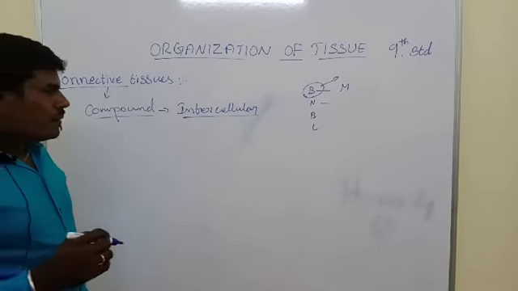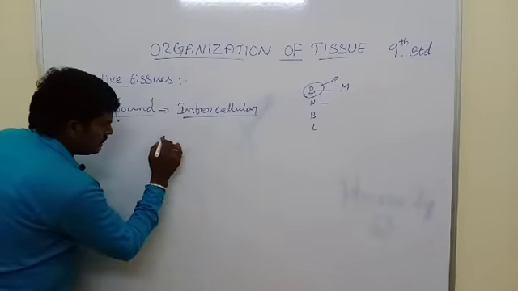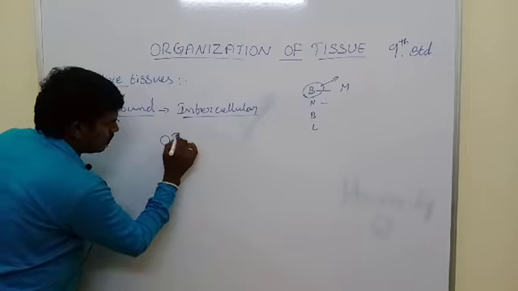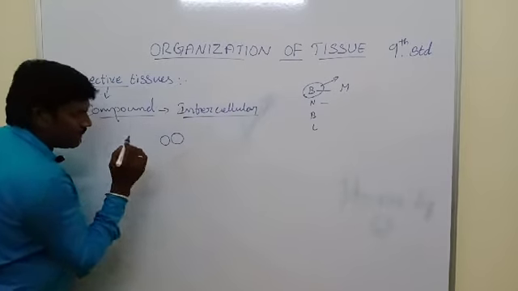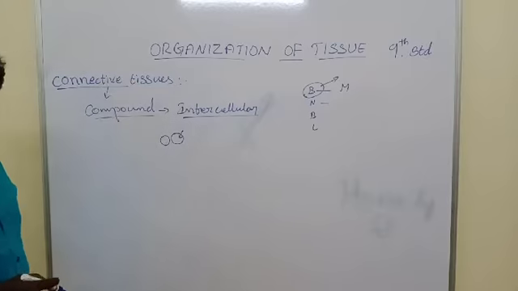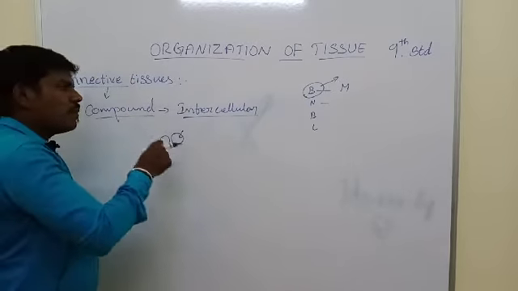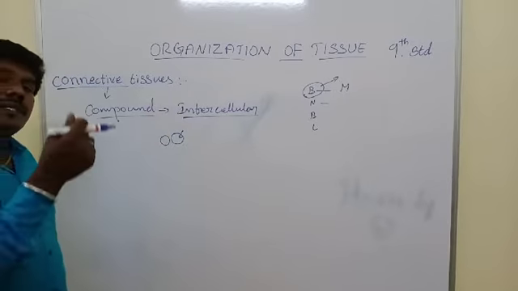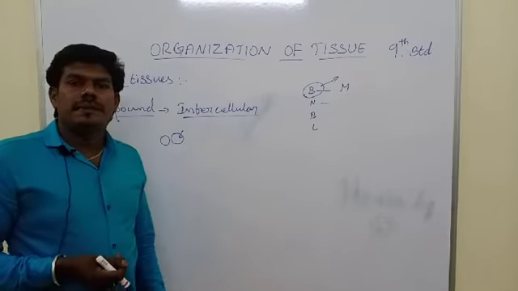Intercellular means what? Very simple. Just imagine this is one cell and here is one more cell. In between they have space. That is intercellular space. So which substance is present in the intercellular space?